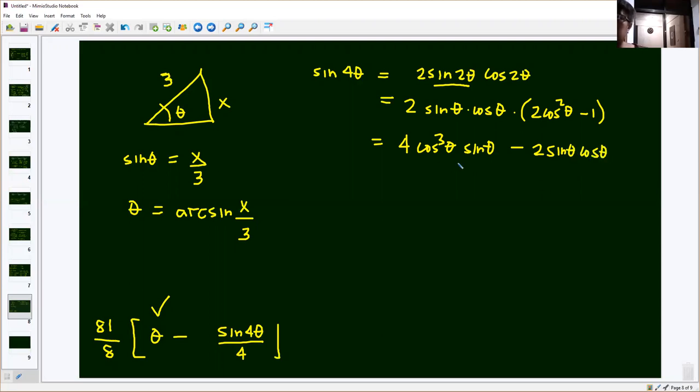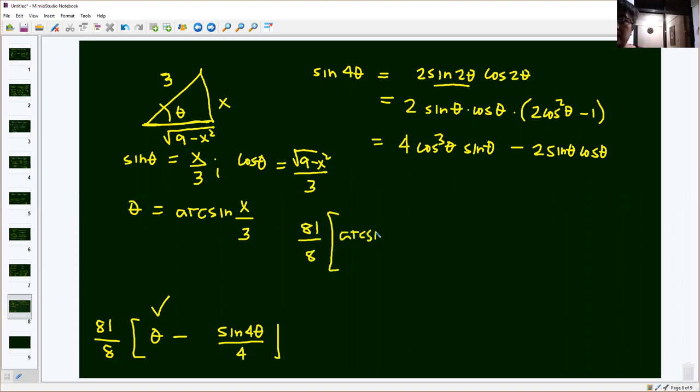Now, madali nang i-set up to because meron naman tayong sine and cosine, obviously. Dito papasok yung help ng triangle, no? Square root of 9 minus x squared. So, this is square root of 9 minus x squared over 3. Right? And then, just plug this in to there and then there. 81 over 8 arc sine of x thirds minus, naka-over 4 yan.